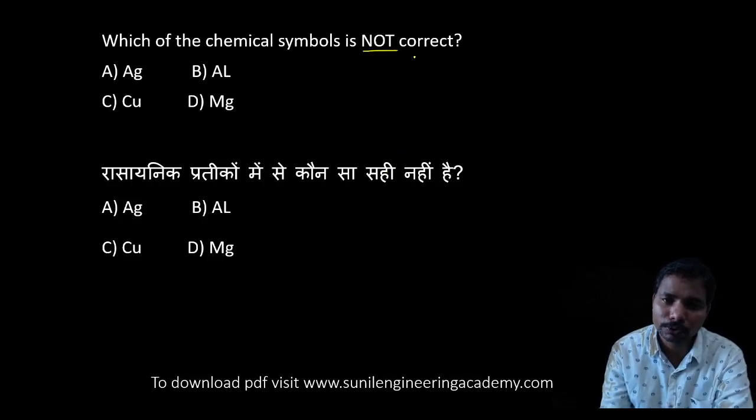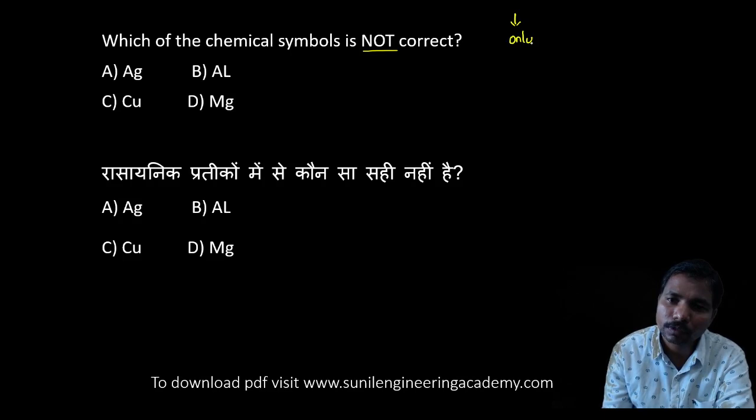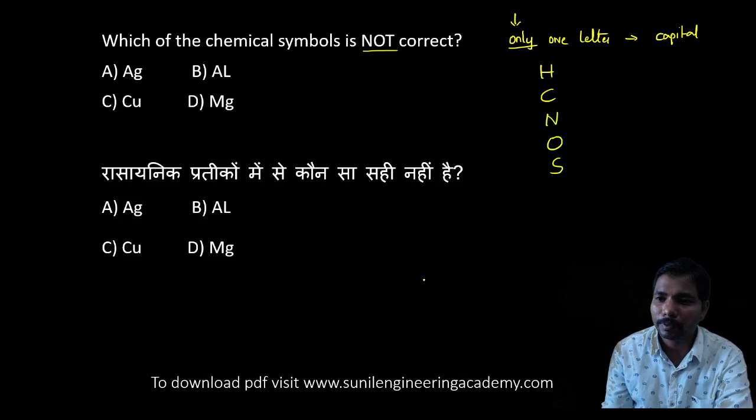So all of you try to understand, if we denote the symbol of an element that has only one letter, that letter must be in capital, like hydrogen, carbon, nitrogen, oxygen, sulfur, whatever it may be.